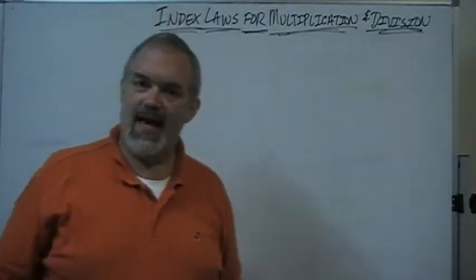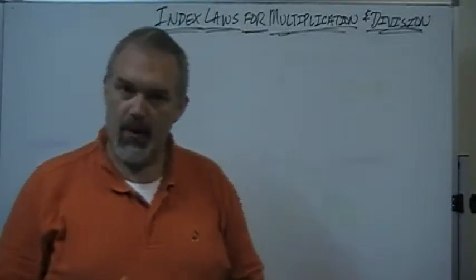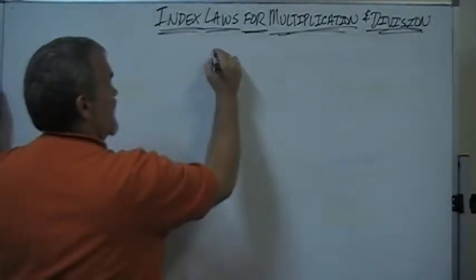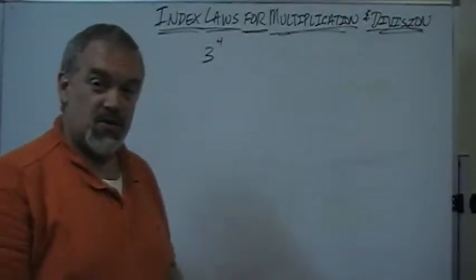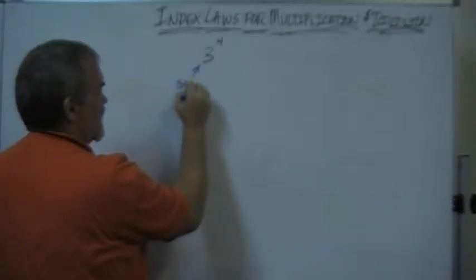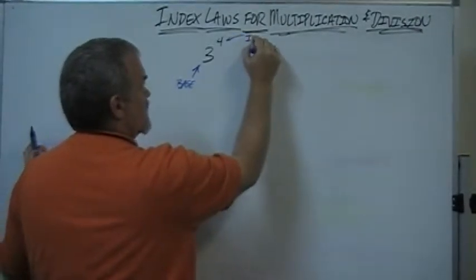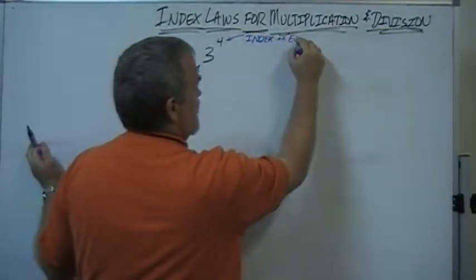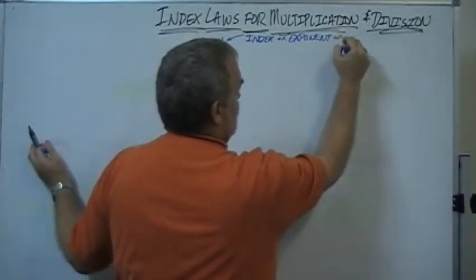All right, our topic for today is index laws for multiplication and division. Now, you will remember, I trust, that when we express a number like, let's say, 3 to the 4th, then we have two terms that we're talking about here. We call this number, the big 3, the base. And the little number up here we call the index, or the exponent, or the power.